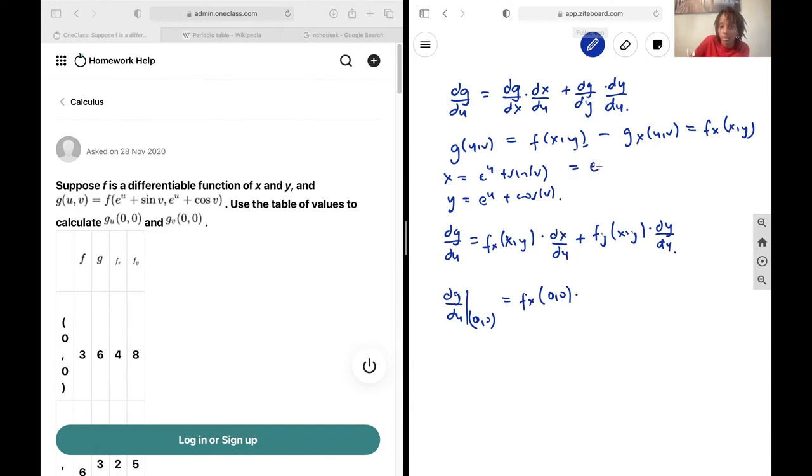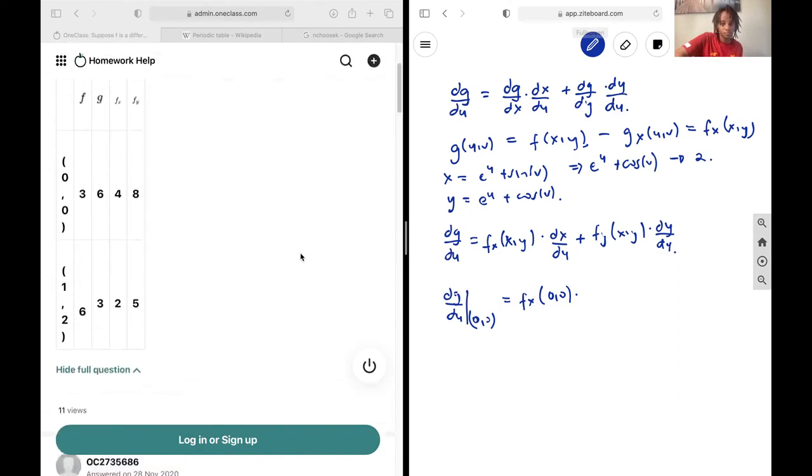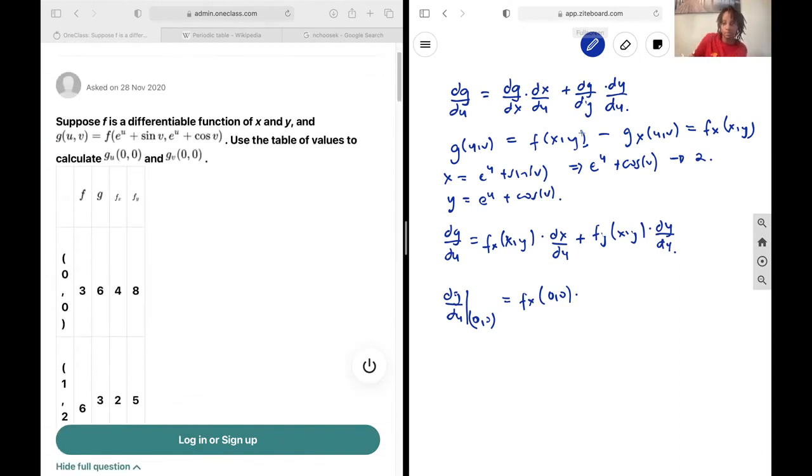Dx over du will become e to the u plus cos v, and at (0, 0) that will become 1 plus 1, so 2.